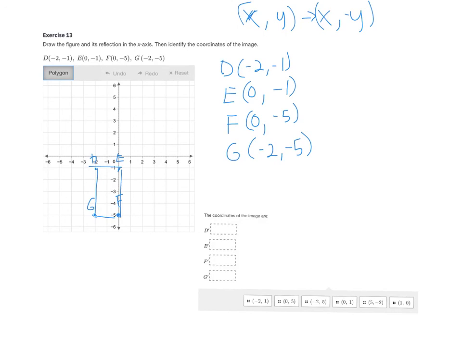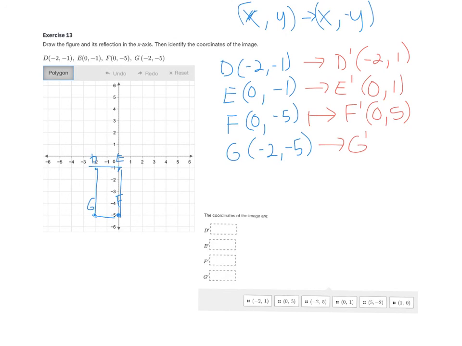So D is going to become D prime, which would be -2, +1. E prime is going to be 0, +1. F prime is going to be 0, +5. And G prime is going to be -2, +5.